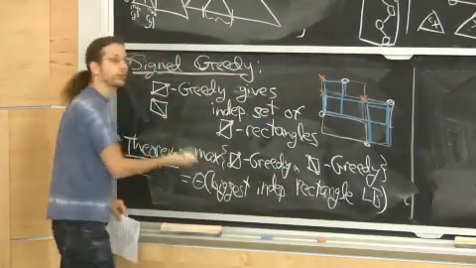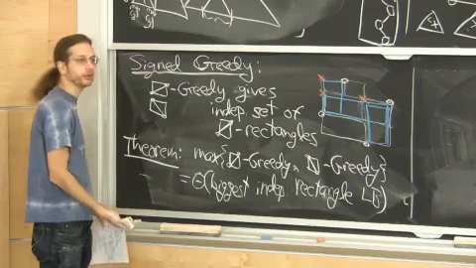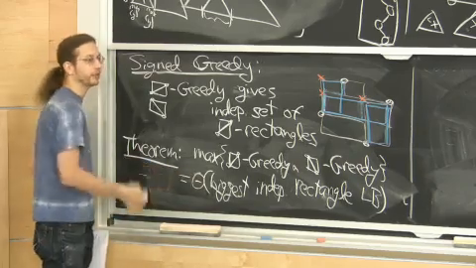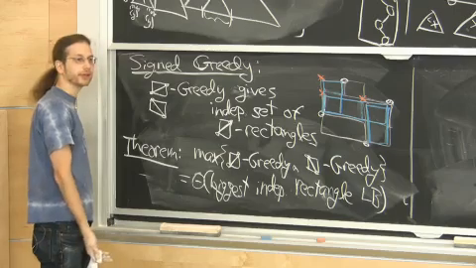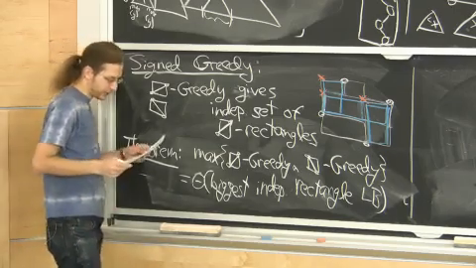And so this is the way you should choose independent rectangles. Run plus greedy, run minus greedy, take the best of the two. That will always be within a constant factor of the best independent set of rectangles. Factors like 4 or something in the worst case.